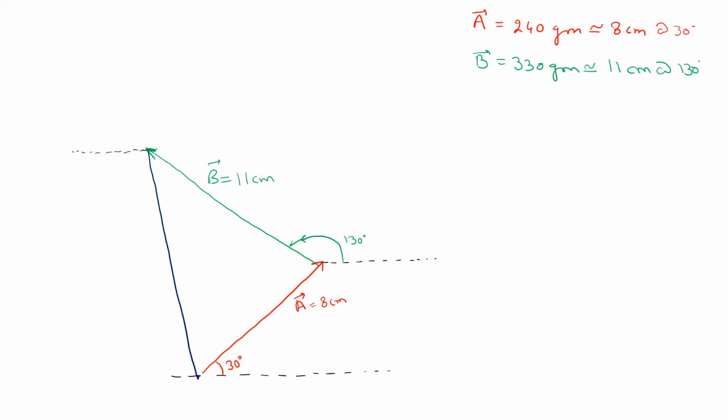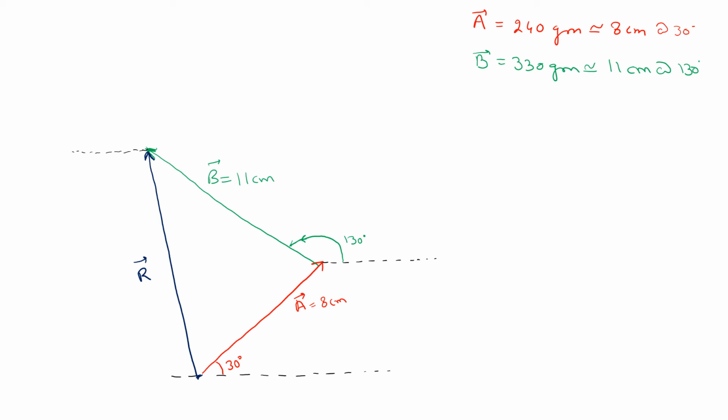This is the resultant, which is the closing side of the triangle. This vector R is your closing vector. Now you are going to measure the magnitude of this resultant with a ruler on your graph.